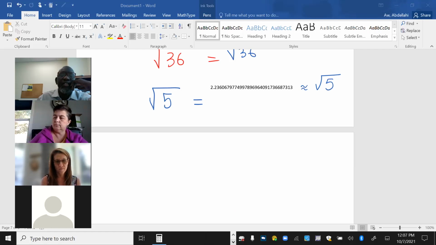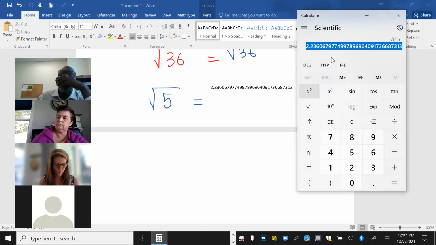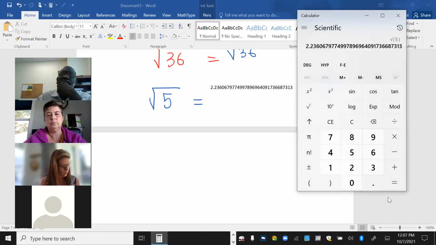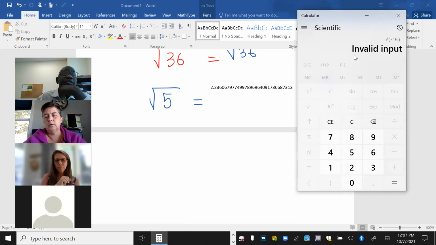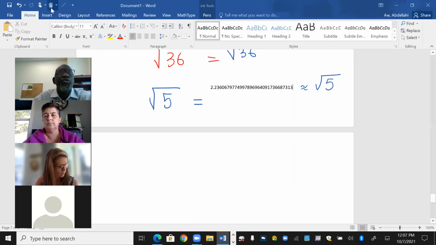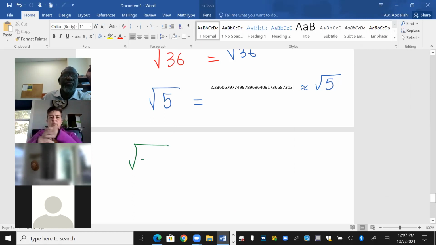Let me get my calculator out, right? If I want to do the square root of negative 16, I have 16 here, I put negative, and I press square root. You see what it said? Invalid input, right? The square root of a negative number is not a real number, okay?